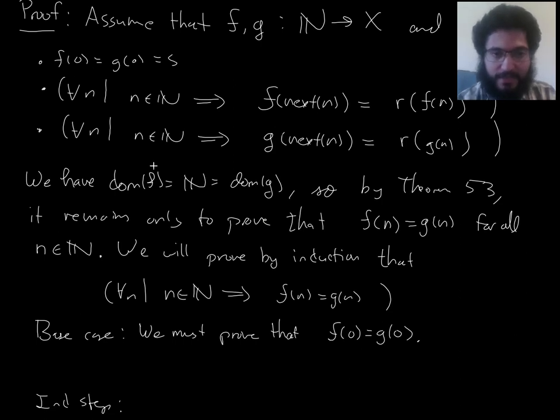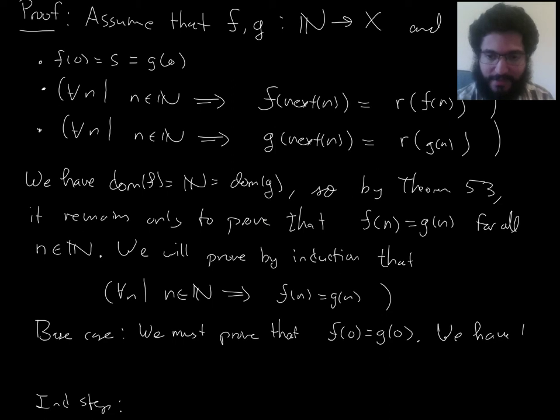One of our assumptions, literally, is that f of 0 and g of 0 are both s, and therefore they are equal. I think our assumption should really look more like this, not that it makes a huge difference, since it's all about f of 0 and g of 0, f and g both having s as a starting point. That's what it's all about. Anyway, we have this by assumption.